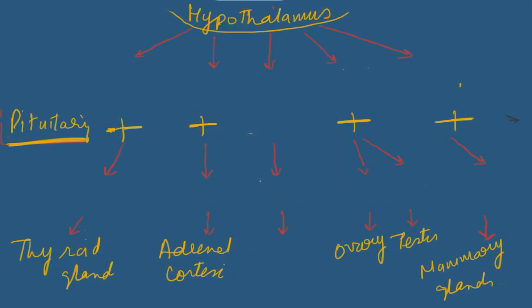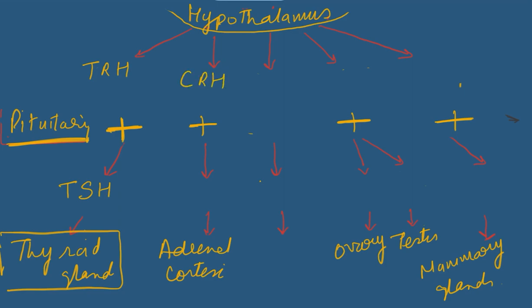Now let us study the hormones. The hypothalamus releases thyrotropin releasing hormone. It will reach the pituitary and cause the release of thyroid stimulating hormone, which will reach the thyroid gland. Next, corticotropin releasing hormone from the hypothalamus will reach the pituitary and cause the release of ACTH that will reach the adrenal gland.